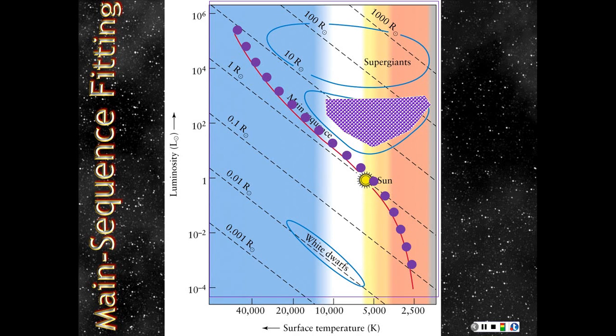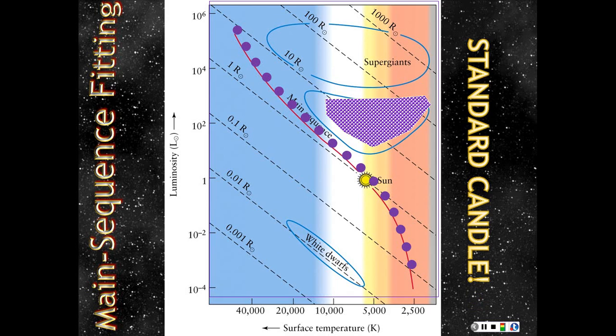And so this allows you to use clusters to do all sorts of interesting stellar astrophysics. And we call this method a standard candle. It's basically, if we have a way of telling how bright something is by some measure other than how bright its light really is, then it's called a standard candle.